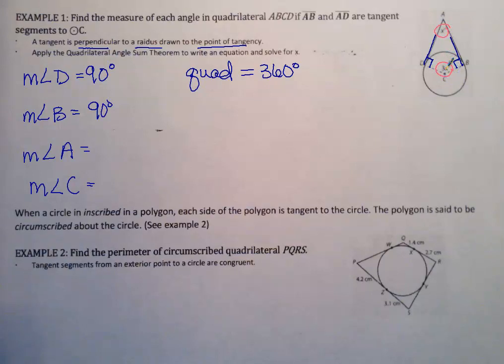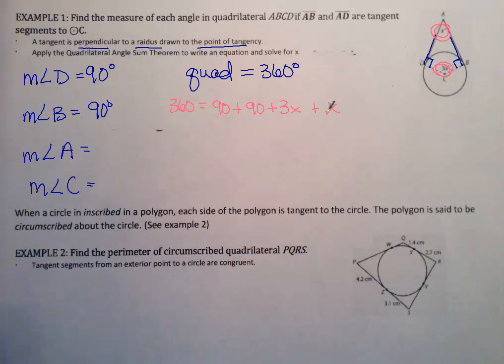So if we know the whole quadrilateral has to be 360, we can say that 360 has to be the 90 plus another 90 plus the 3X plus the X. That gets all 4 of our angles in there, right? And what we know about them.